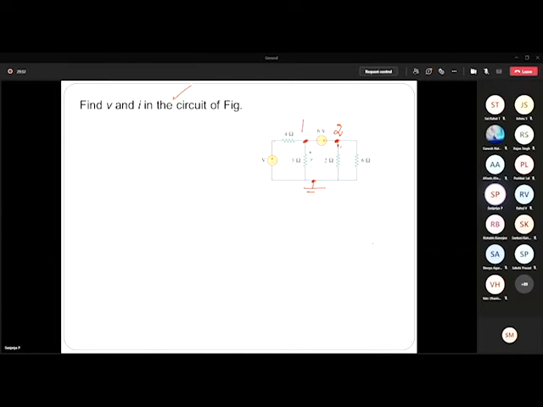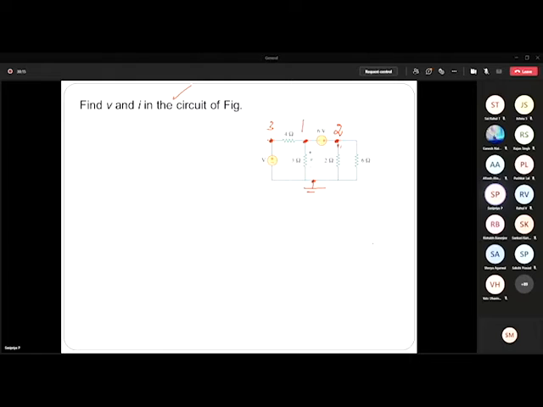Now, should I consider this as a separate node? The question is, are these three nodes or only 2 nodes?